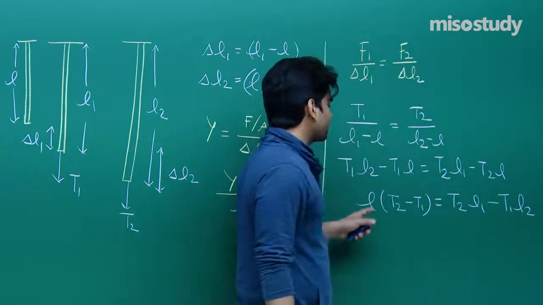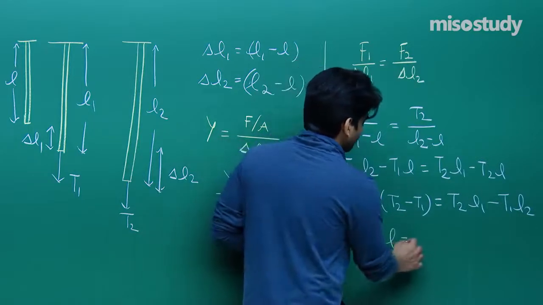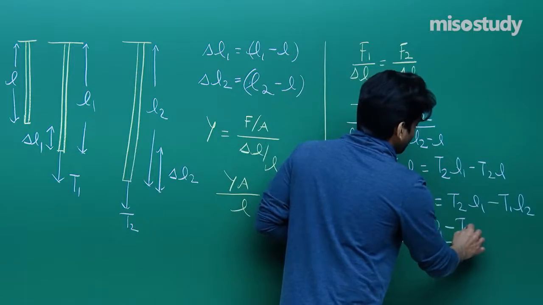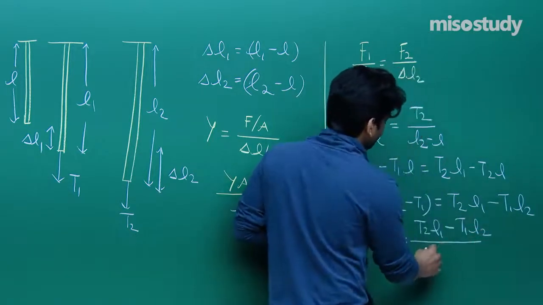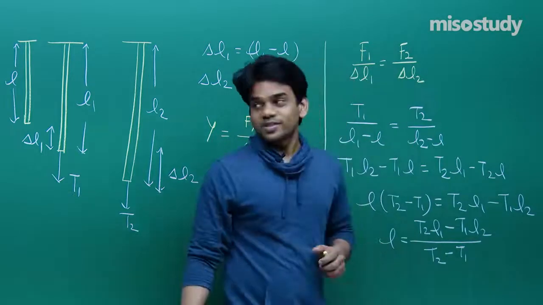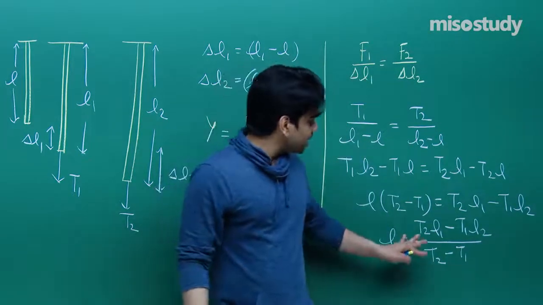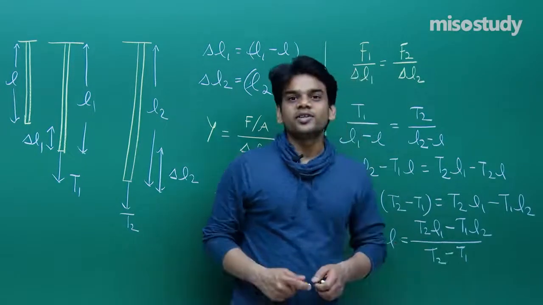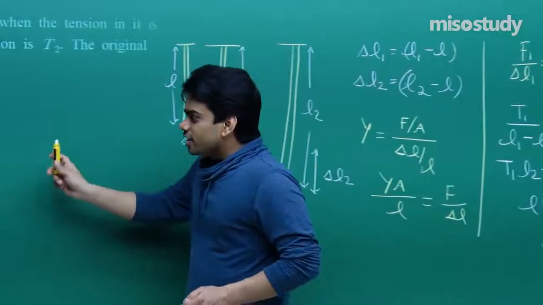So you will have L as T2 L1 minus T1 L2 divided by T2 minus T1. We have T2 L1 minus T1 L2 in the numerator and T2 minus T1 in the denominator.